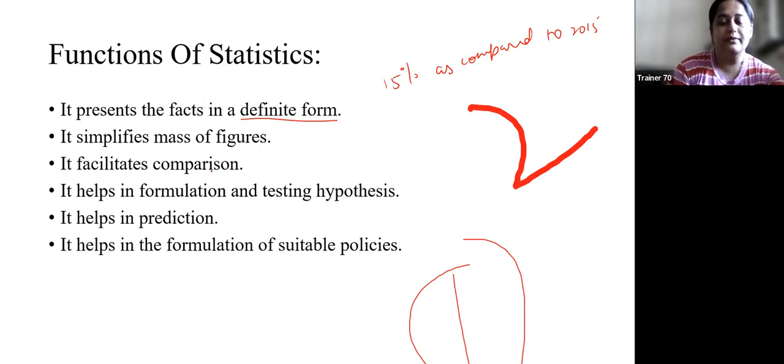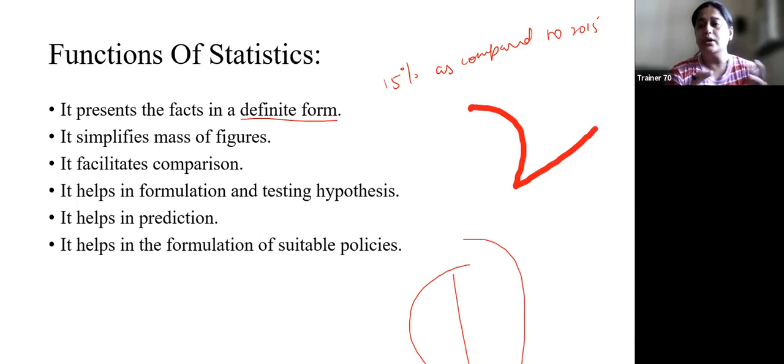Next is, it facilitates comparison. Now, you can present your data in the form of table, and it is easy to compare two tables. आपके सामने two tables हैं. You have their totals, you have their average, you have their variations, everything you have ready in the table.